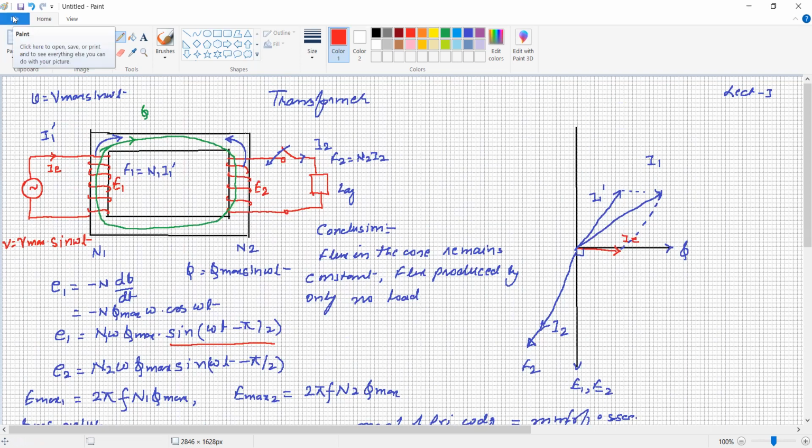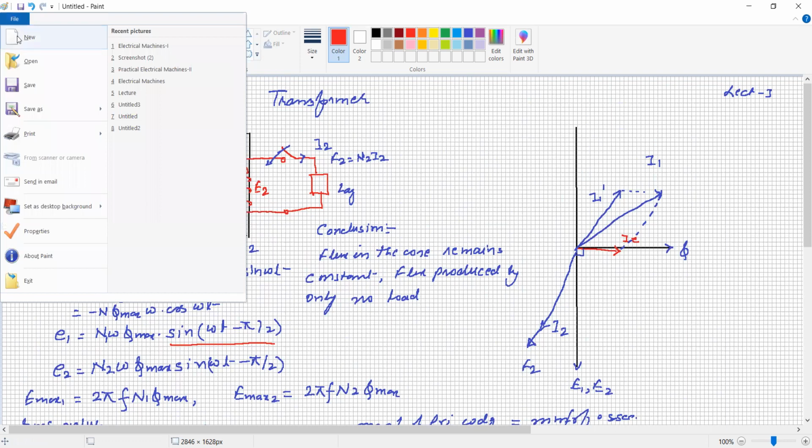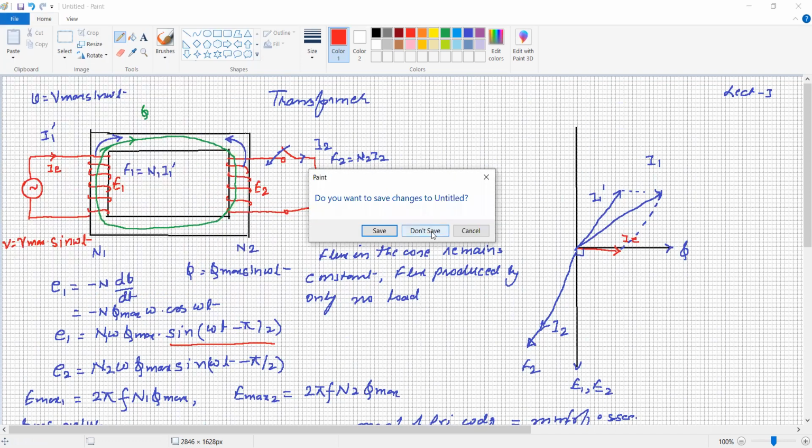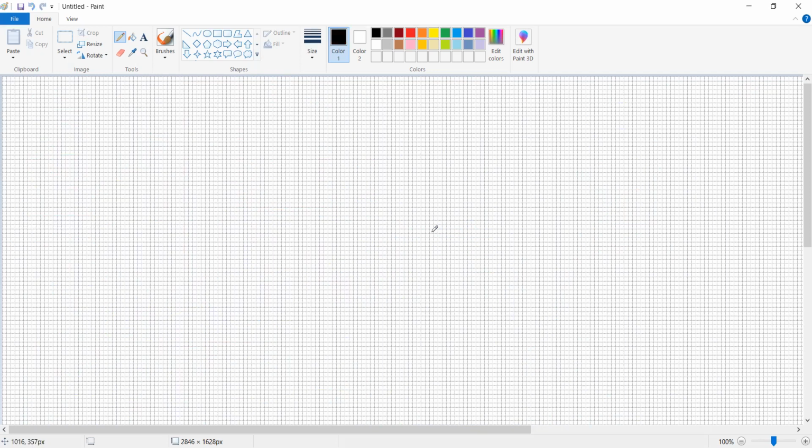As in our previous lecture, we came to know our assumptions. Number one assumption is that the resistance of the winding is 0.